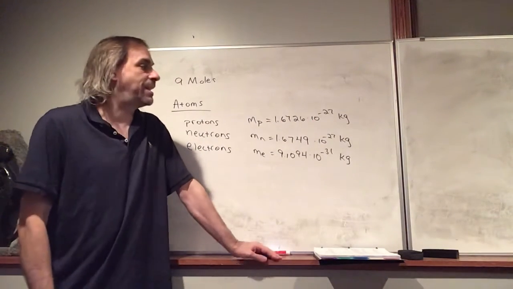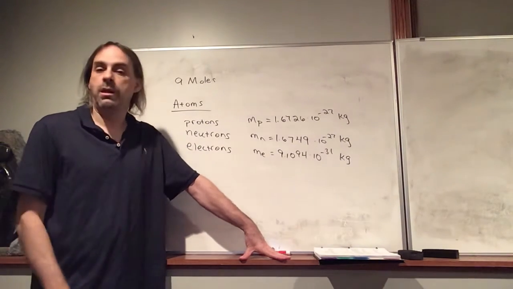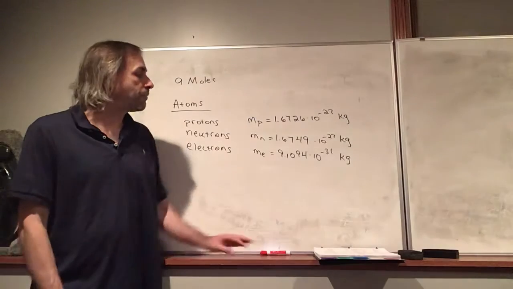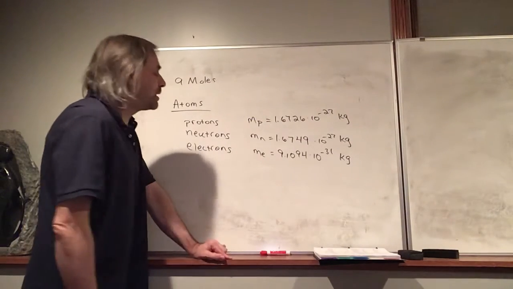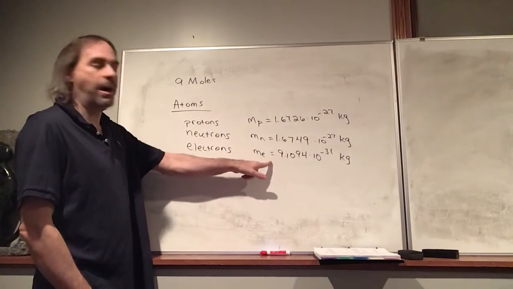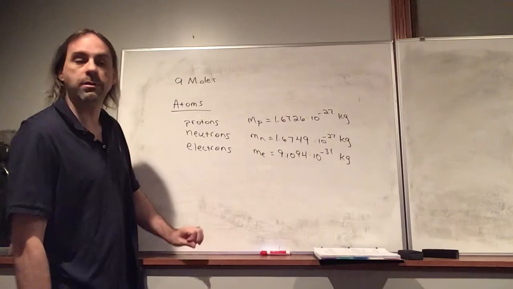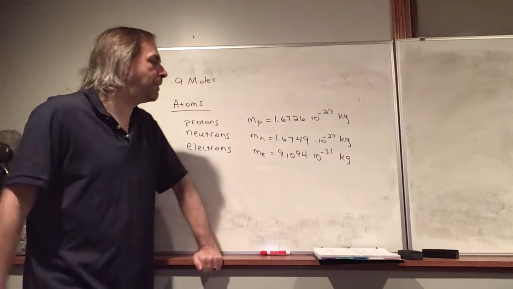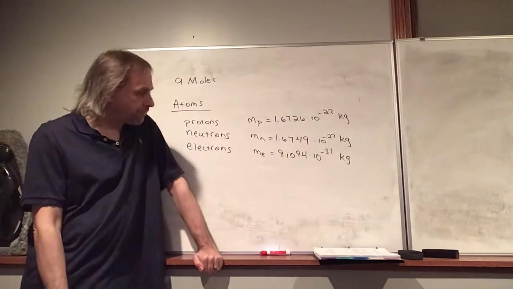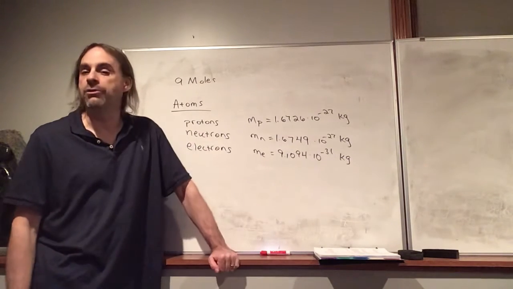What that means is that ordinary matter contains an enormous number of atoms. If we look at a single atom, the mass of an electron is very tiny compared to protons and neutrons. So to a good estimate, we can almost disregard the electrons in the mass of an atom.